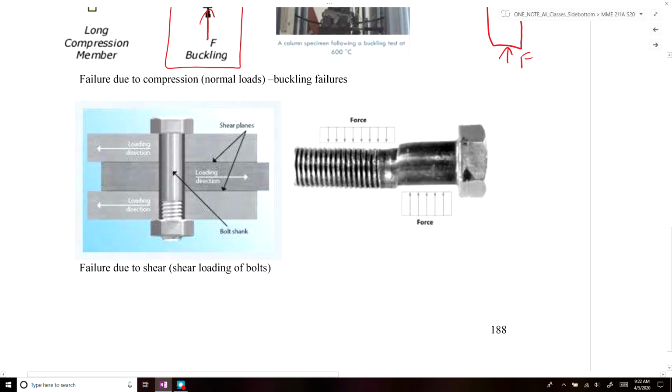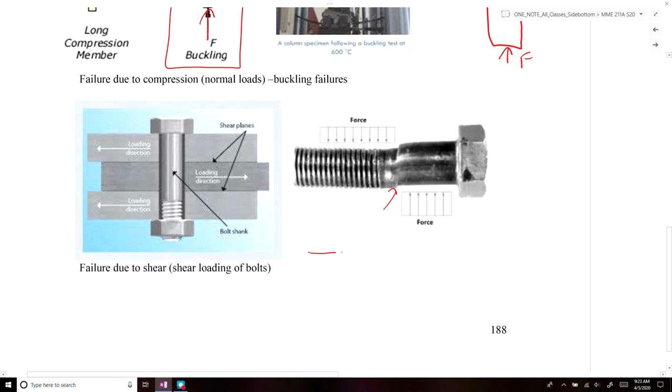The third type of failure mechanism that's often found is shear. A common example where shear forces can cause internal failure is in bolts. If you have a bolt that's under a shear loading condition, drawn on the left-hand side, it can cause the bolt to fail like this, and you get massive plastic deformation of the bolt.